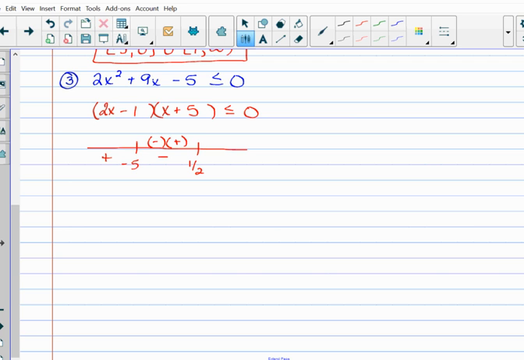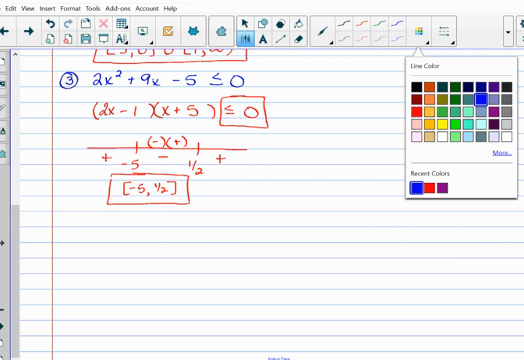So this will be plus, this will be plus. We okay there? All right, then you have to actually answer the question. I want to know, when is it less than or equal to 0? Yep, that middle part. Brackets, -5 to 1/2 bracket. Getting it? Okay.